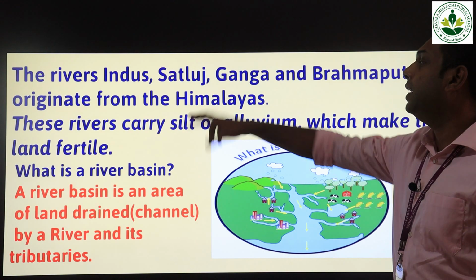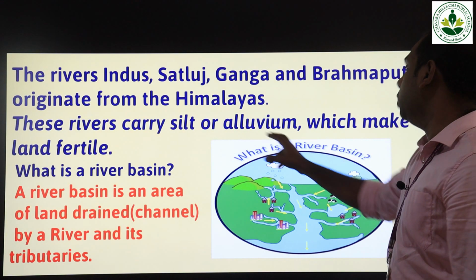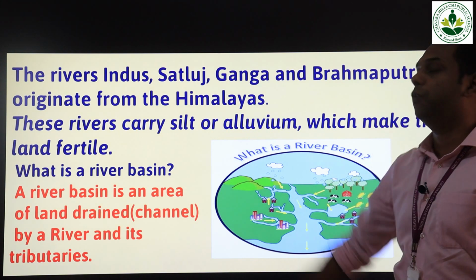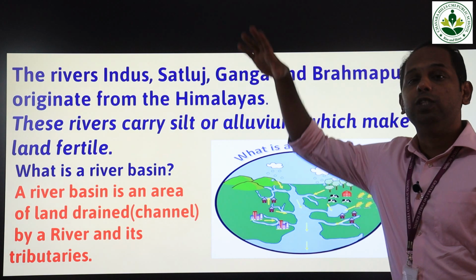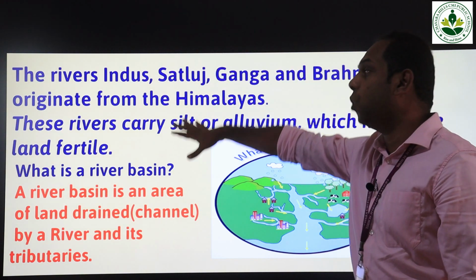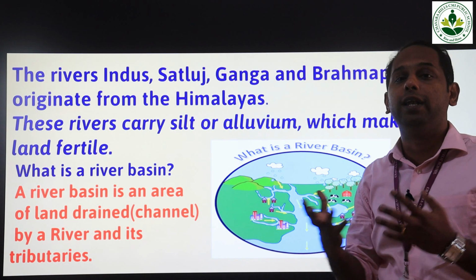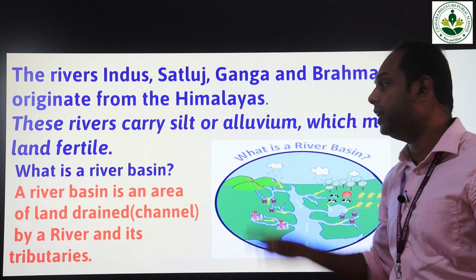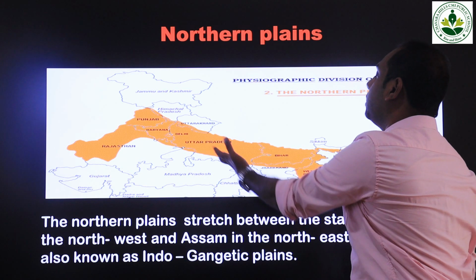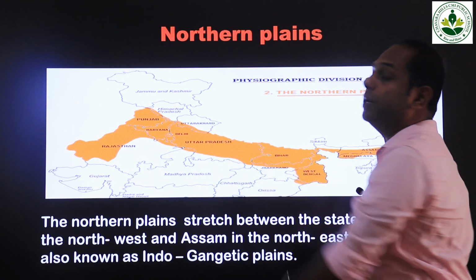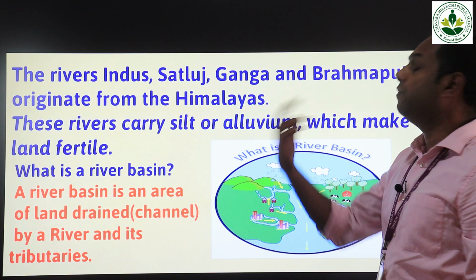Now these rivers carry silt or alluvium which make the land fertile. As we have studied in the last class, the rivers which originate from the Himalayan mountains carry what? They also carry very fertile soil called alluvial soil, and they deposit this soil near the rivers, on the river banks.